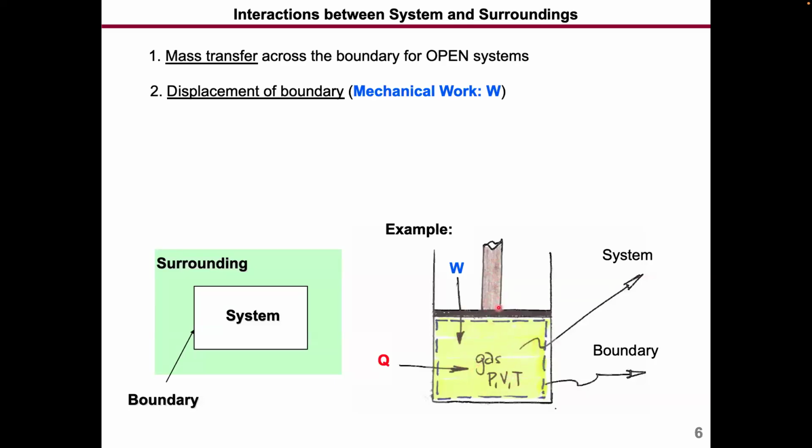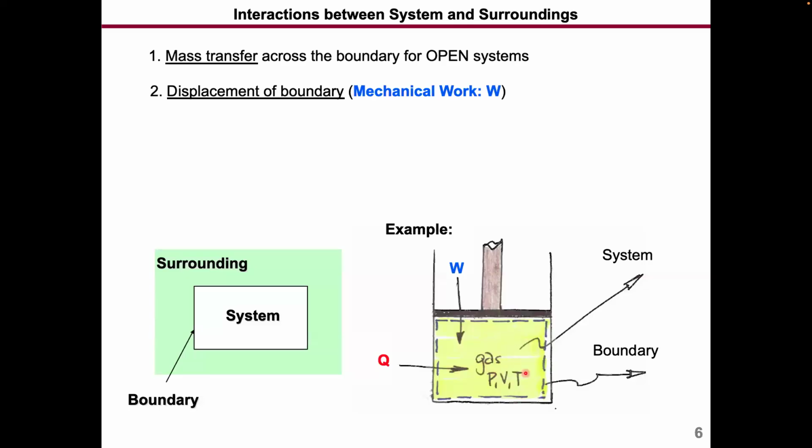This piston, you can compress, you can release. When you are compressing the gas, you can pick this as your system, okay? And when you compress the piston, the piston moves down and you are compressing the gas, right? So the total volume of the system is going to decrease.